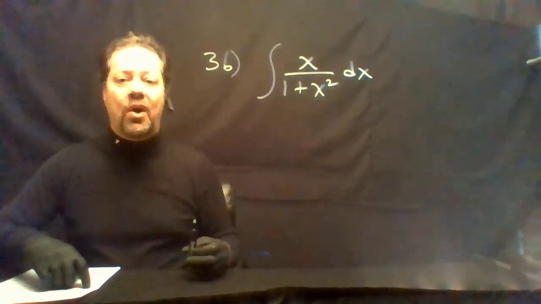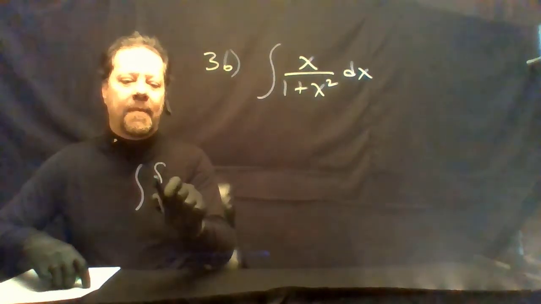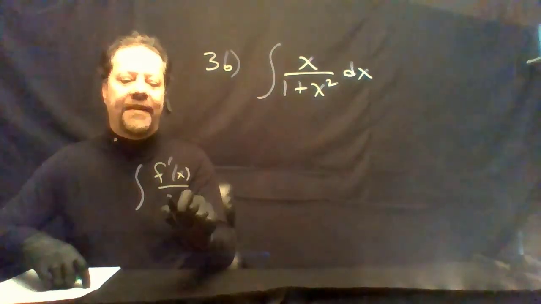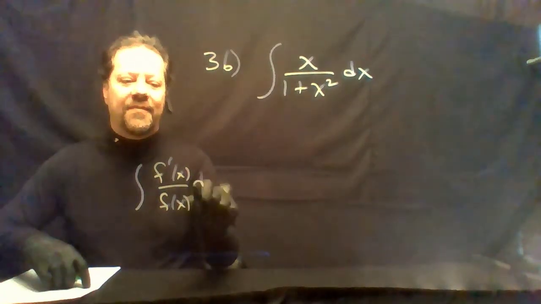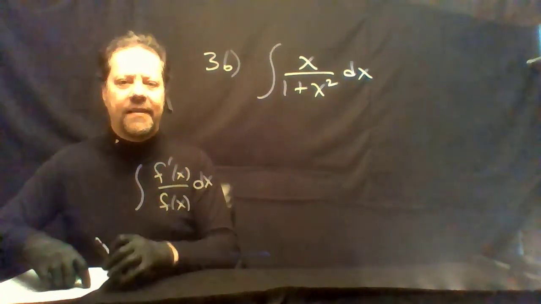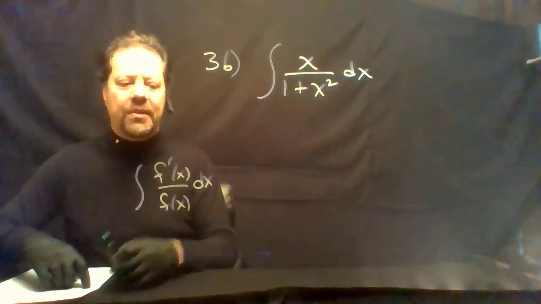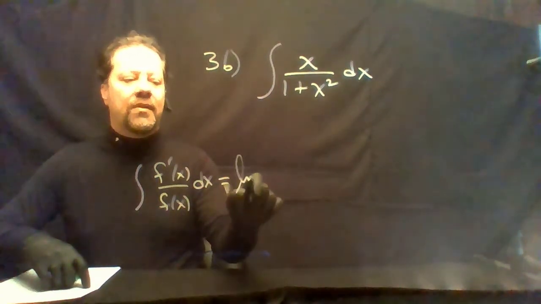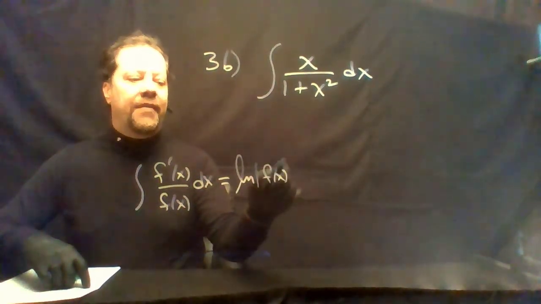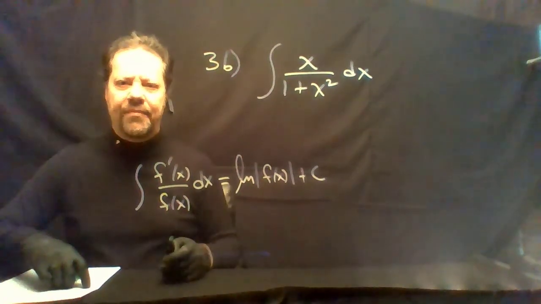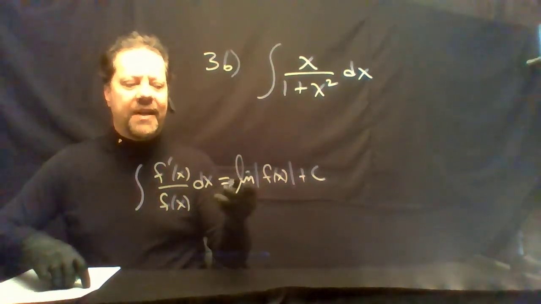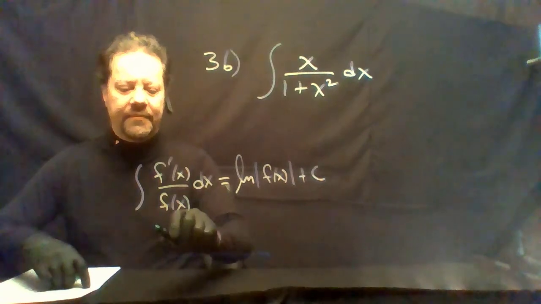In particular, this is almost in the form f prime of x over f of x. These problems always have a very simple solution. It's always log absolute value of f of x plus c. And if you don't understand that, I'll show you why.